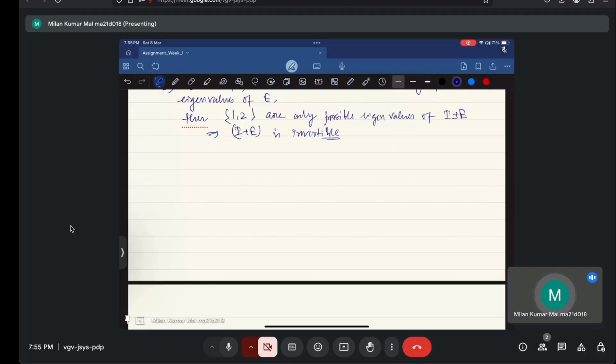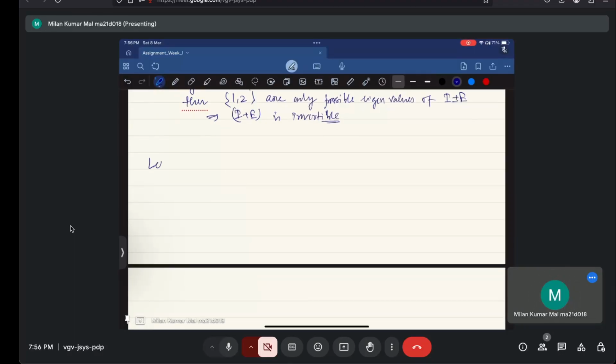So let's take a matrix A. Let A equal 0, 1, 0, 1, 1, 0, 1, 0, 0, 1, 0, 1, 1, 0, 1, 0.